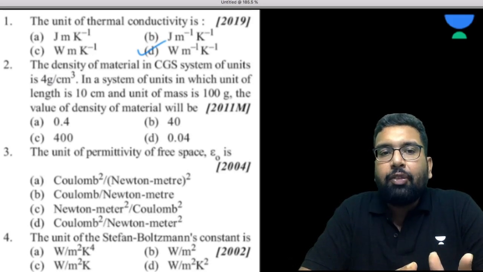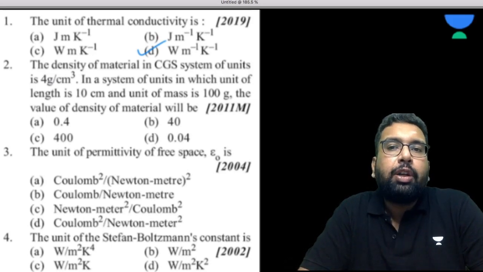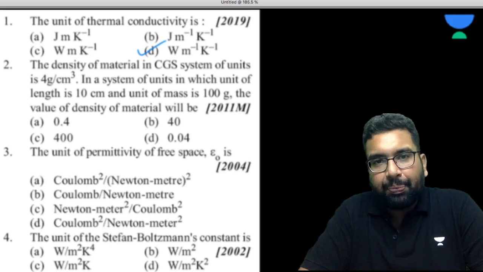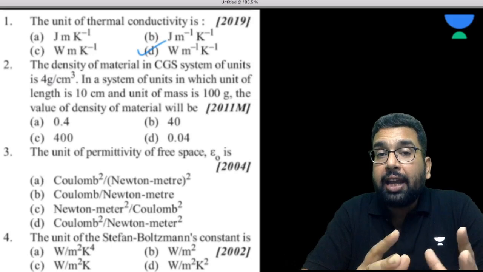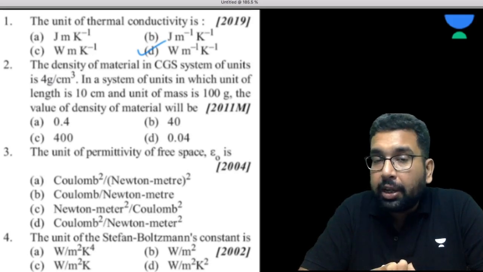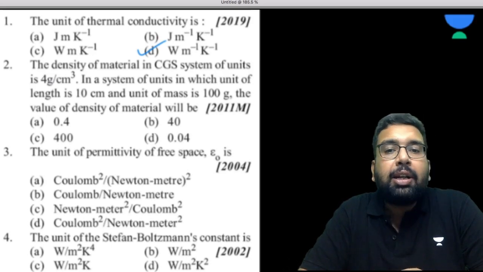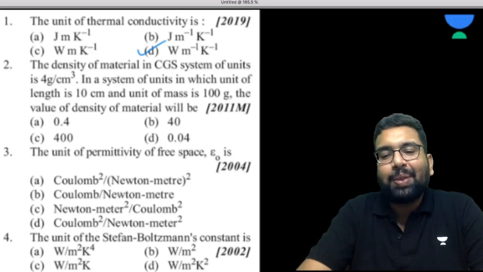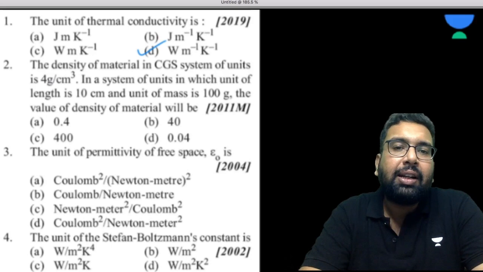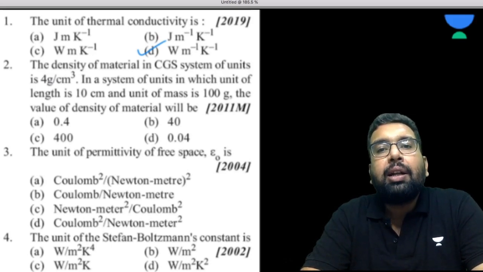We know that in the CGS system we use the units of centimeter and gram. Here they have introduced a new unit in which we are taking a standard of 10 centimeter and 100 gram.